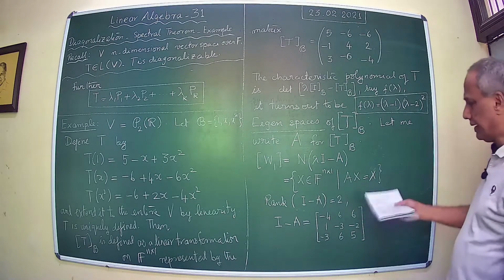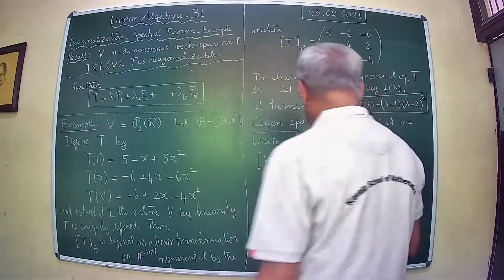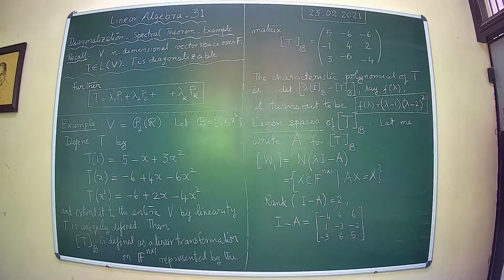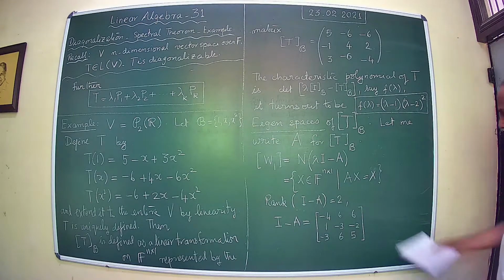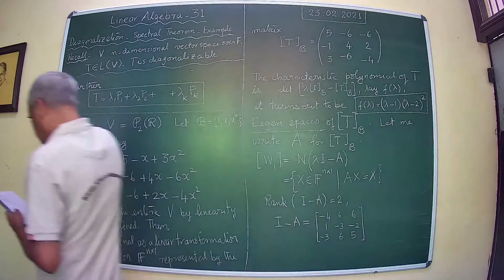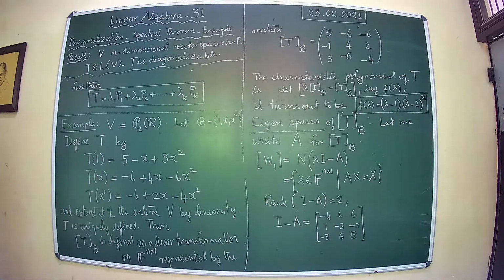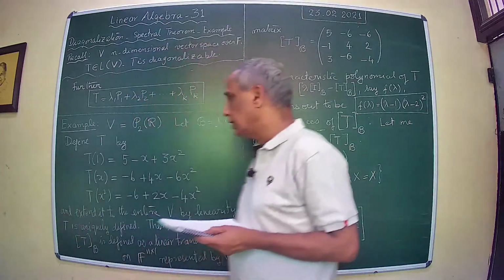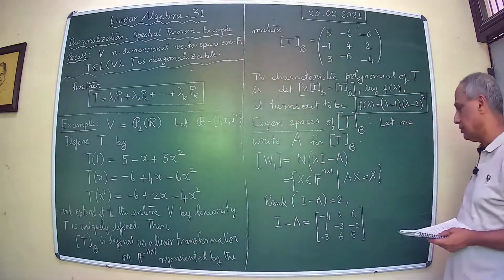Now you can verify that the rank of this is equal to 2. There are two linearly independent rows that you can get out of this. Right? Therefore, the rank of this is equal to 2.